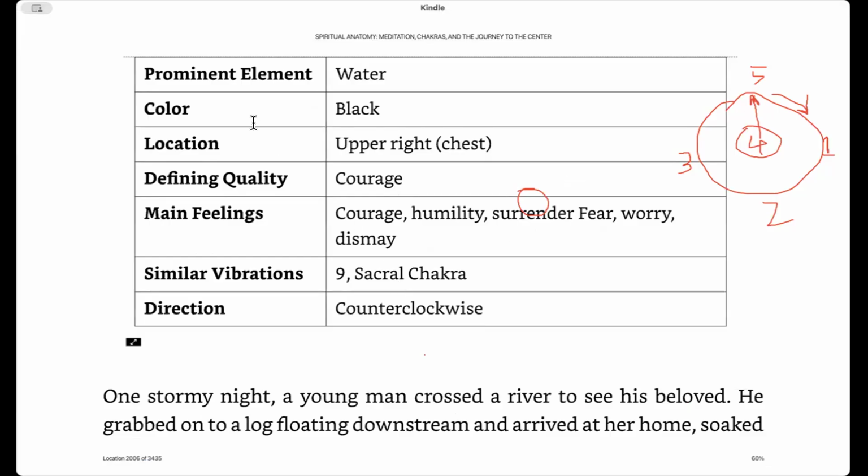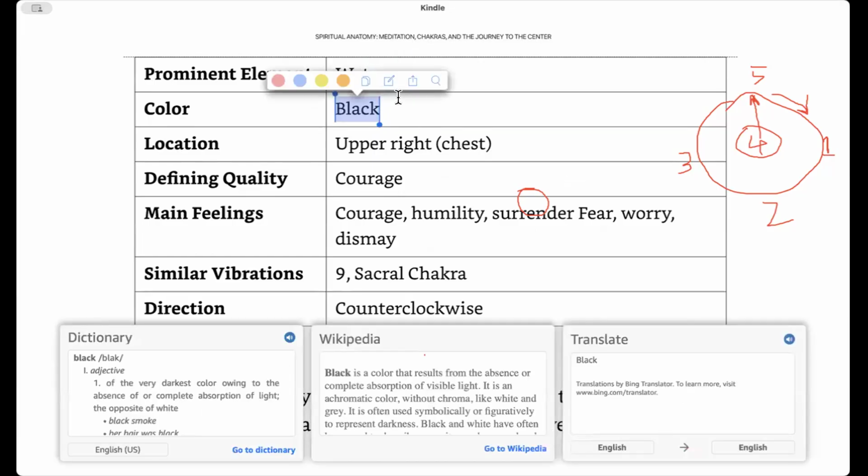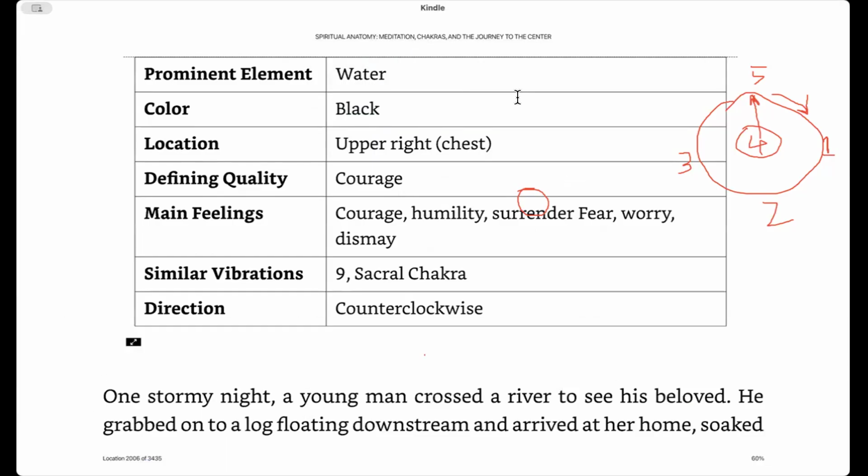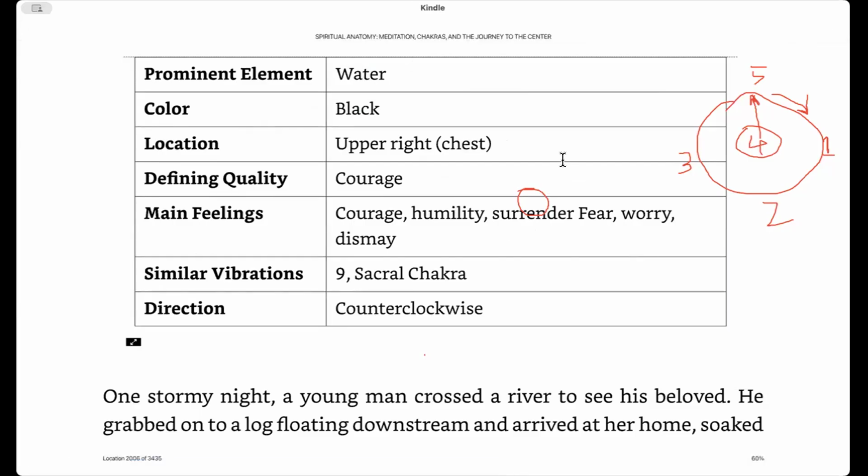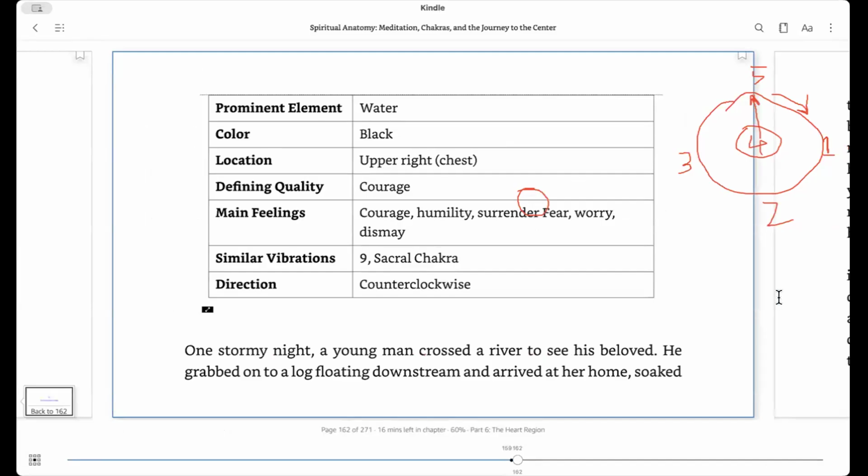So the color is black. Interestingly, a lot of us will imagine water being some bright blue, watery color, but this is talking about a black color.